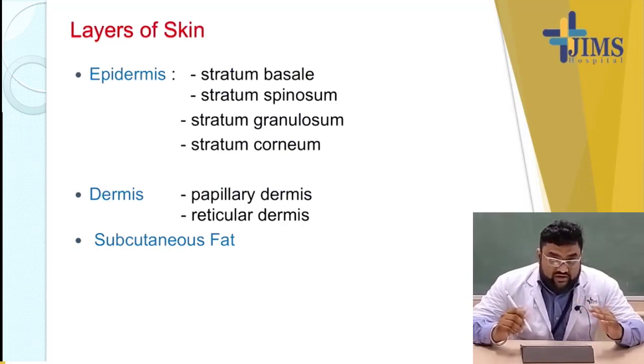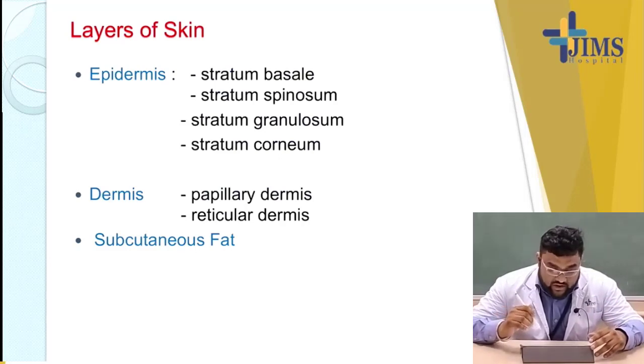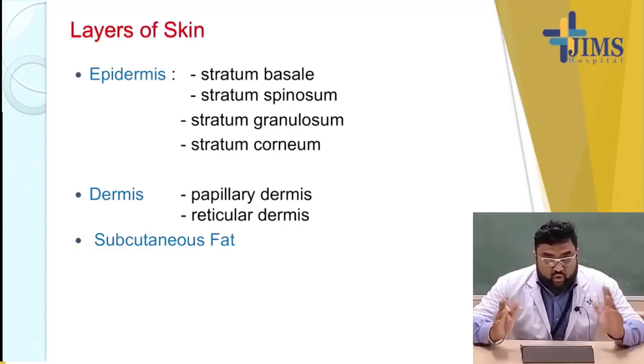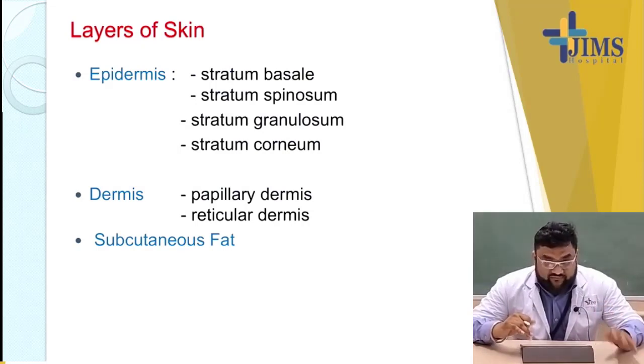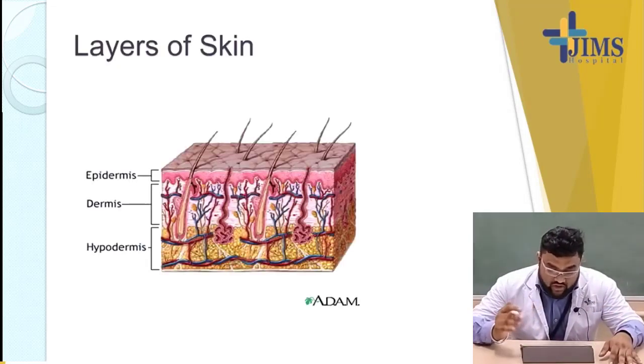The topmost layer is stratum corneum, then comes stratum lucidum, then granulosum, spinosum and basale. The dermis is separated into 2 parts, the papillary dermis and the reticular dermis, and then we have the subcutaneous fat. As you can see, these are the layers of the skin.